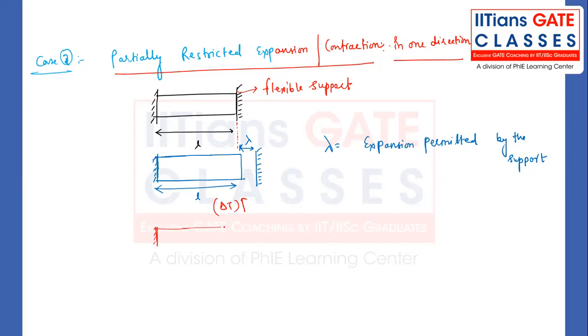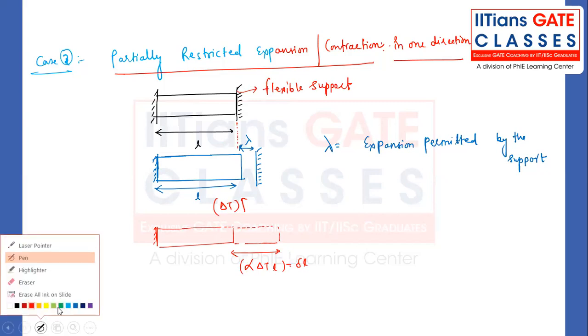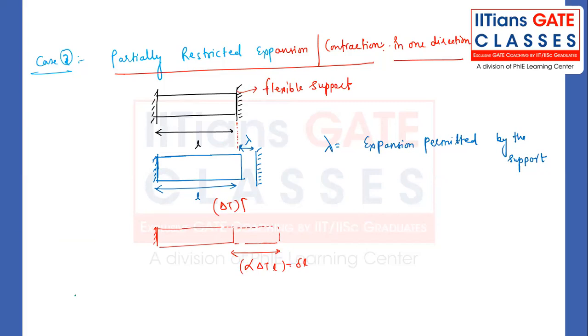Happily, it will expand like this. And how much expansion will there be? That is a material property. We cannot have control over it, right? Once we increase the temperature, it's totally dependent on the material how much it wants to expand, right?